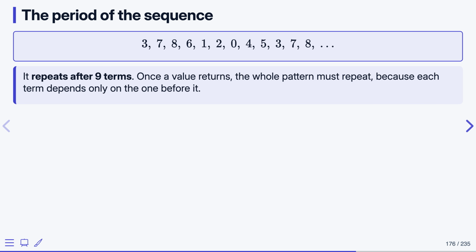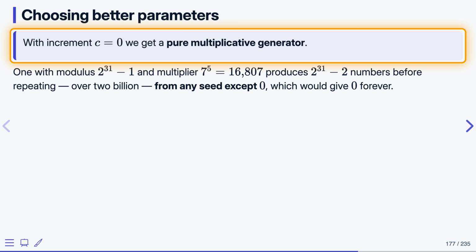A good generator has a very long period. Our little example had a period of 9, which is useless in practice. Real generators use much larger parameters. When the increment c is 0, we call it a pure multiplicative generator.